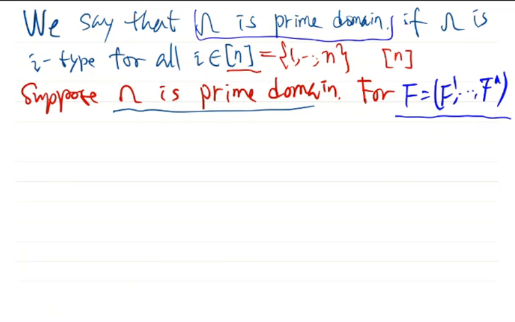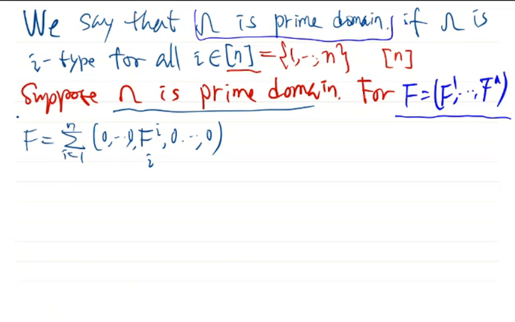Okay, then the surface integral of F is equal, because such F can be written as the sum of simple vector fields. Here this is the i-th location.